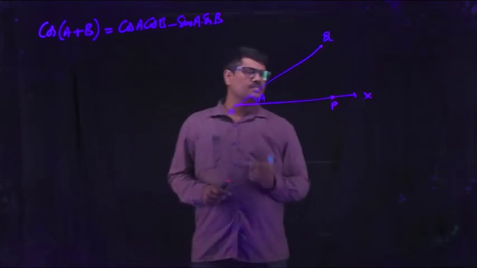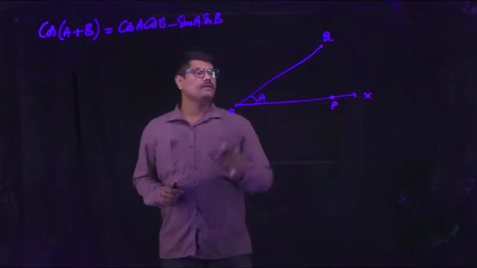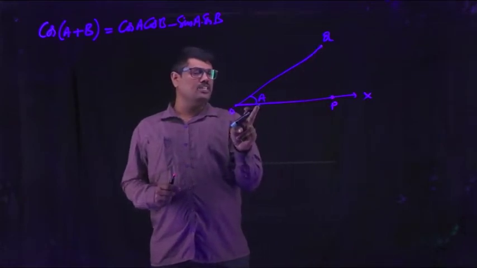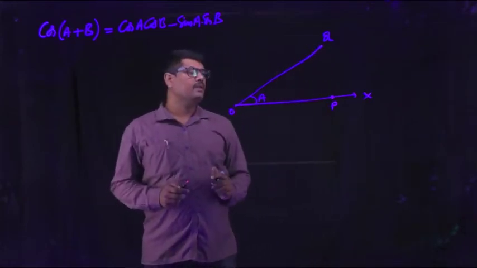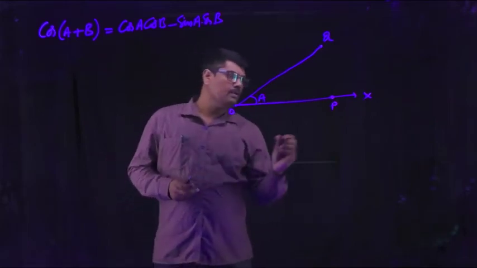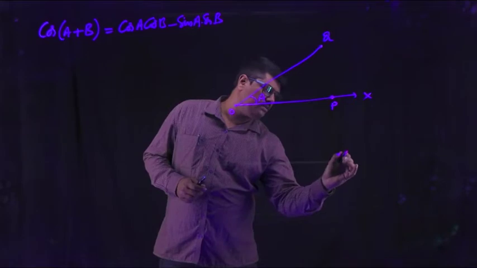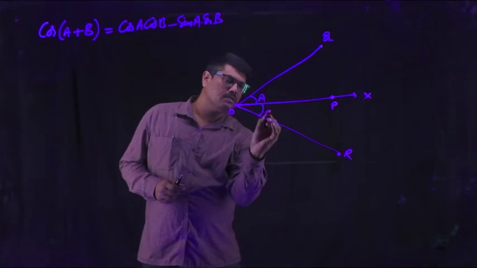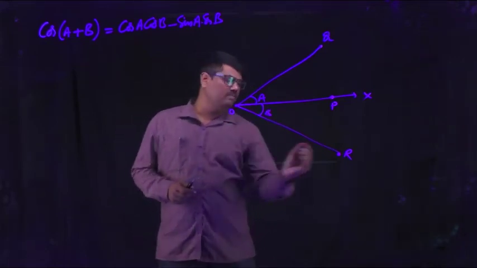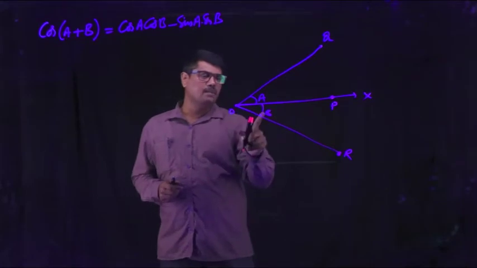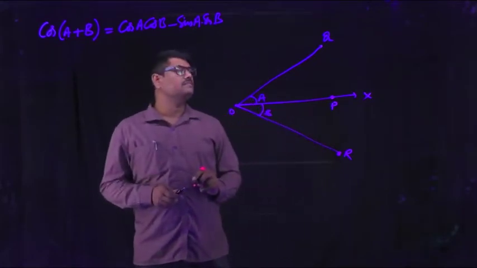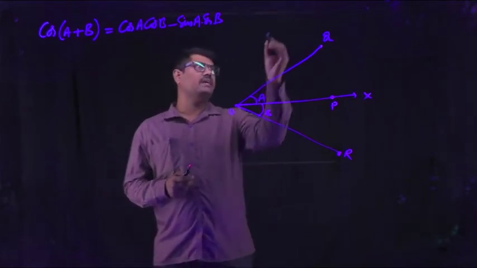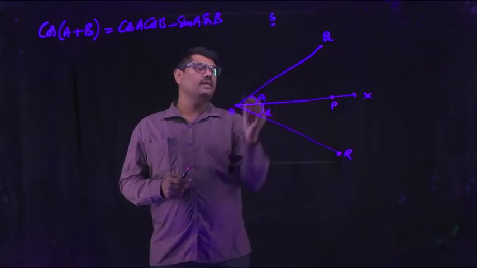Let us consider P is on the x-axis and Q is a point on the plane which makes an angle A with the x-axis. Now again, let us consider R is a point here which makes an angle B with the same x-axis. So now let us consider another point S here.